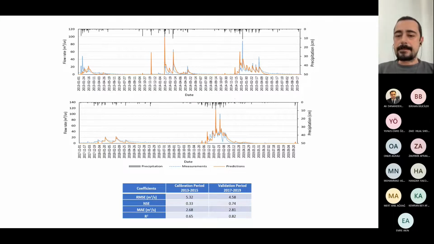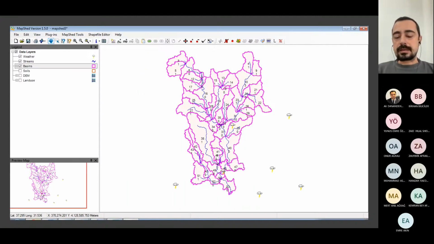Now, the predictions are shown by these orange lines. Let me show you like this. Our control basin was here, just at the end of sub-basin 10, so it is located on the northeastern side of the basin.